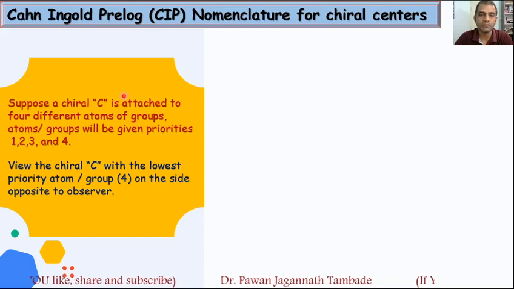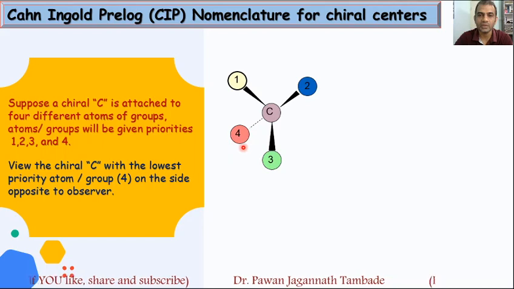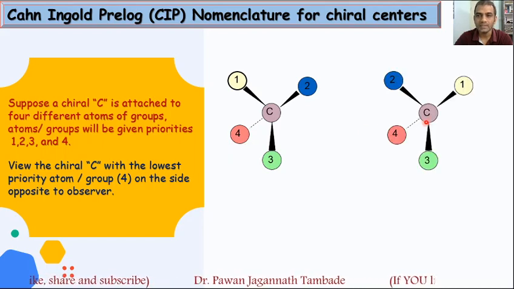And when we view this molecule across a chiral carbon, keeping the lowest priority group, that is the fourth group, away from the observer, then we can see this molecule in two different ways, and depending upon that we can name these molecules. So for example, this carbon atom is attached to four different atoms or groups, where 1 has highest priority and 4 has lowest priority. In the same way, this carbon is attached to four different atoms or groups, where 1 has highest and 4 has lowest priority.